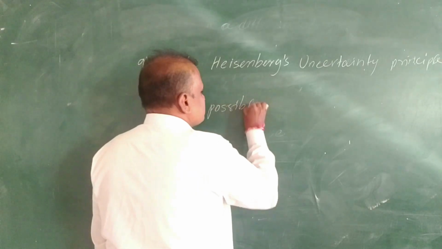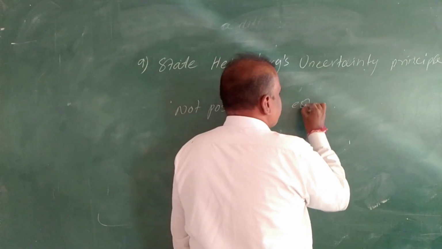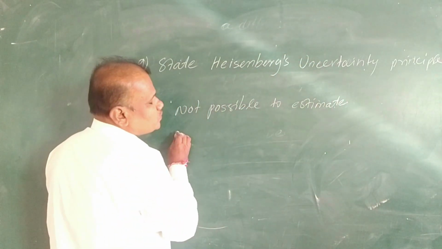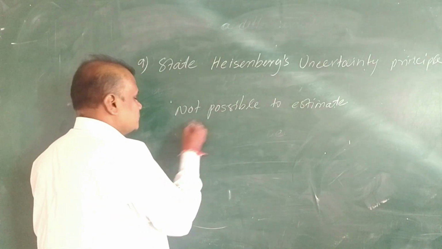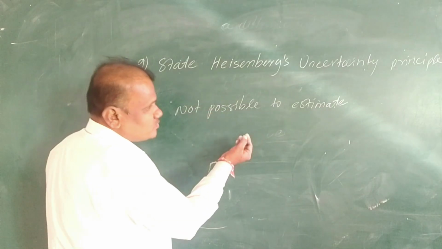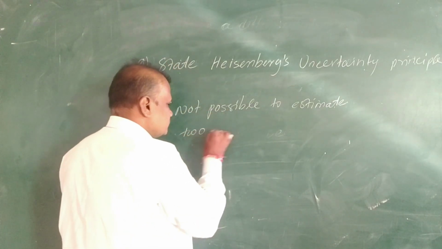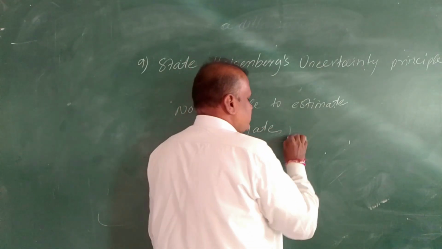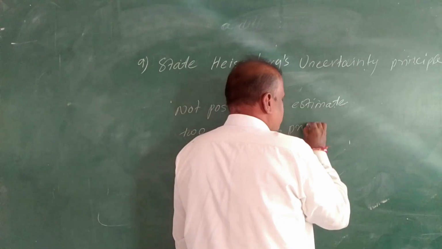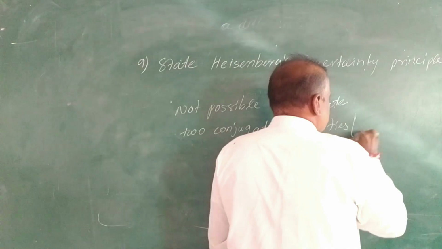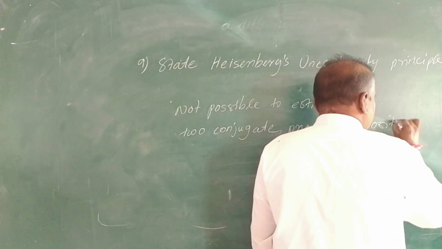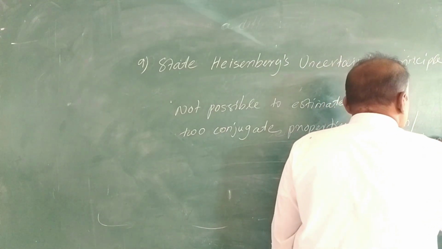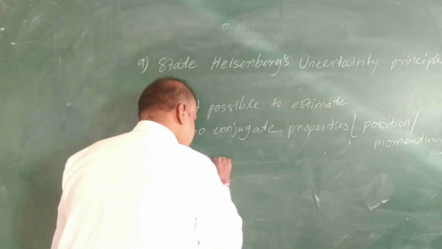It is not possible to estimate simultaneous measurement of conjugate parameters or properties, like position and momentum, simultaneously.